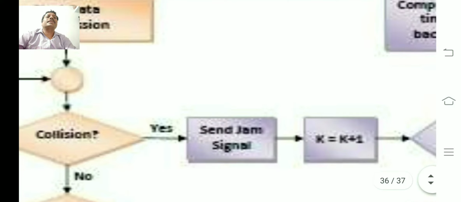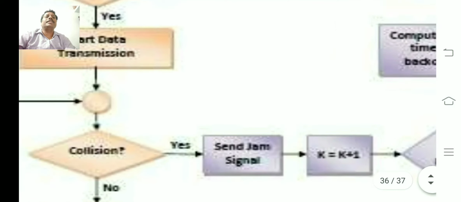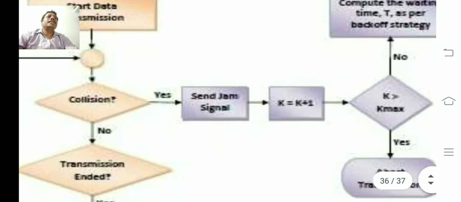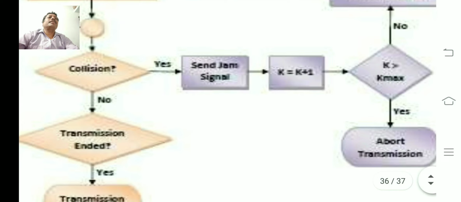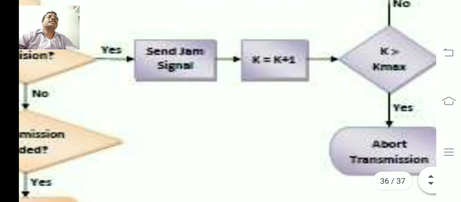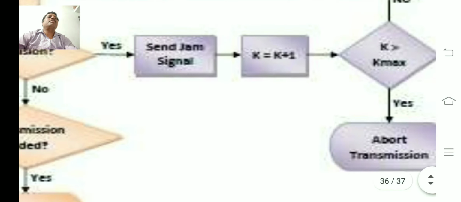Then the timer is initialized with the number of retransmissions allowed. If that number of retransmissions is reached, abort the transmission.